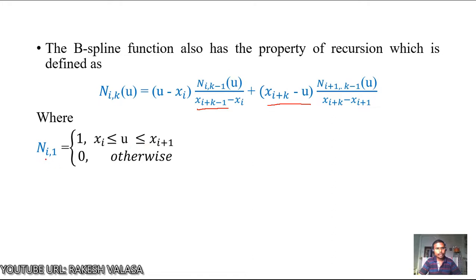For all other conditions, that is other than xi less than or equal to u less than or equal to xi plus 1, the basis function N i,1 equals 0.